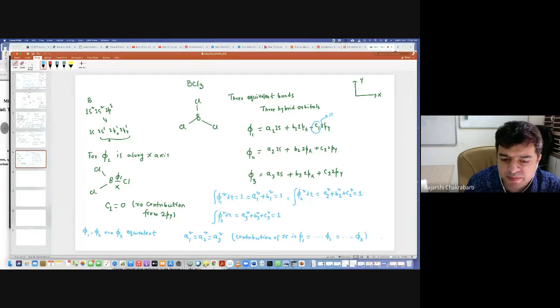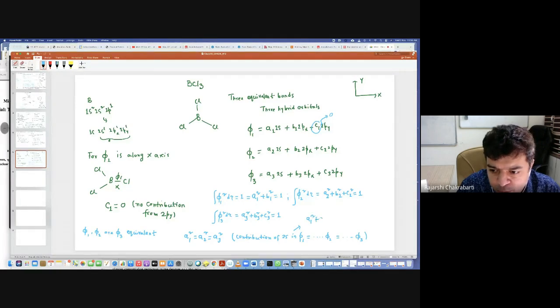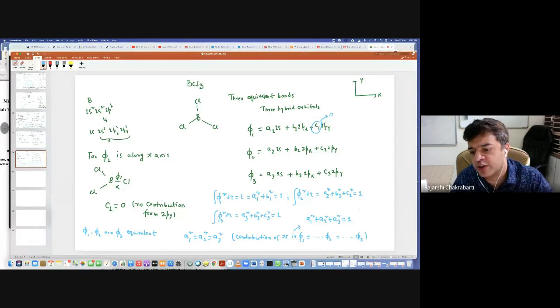Exactly what I did just few minutes back for beryllium hydride. This basically tells you that a1 square plus a2 square plus a3 square is 1, the total contribution of 2s.